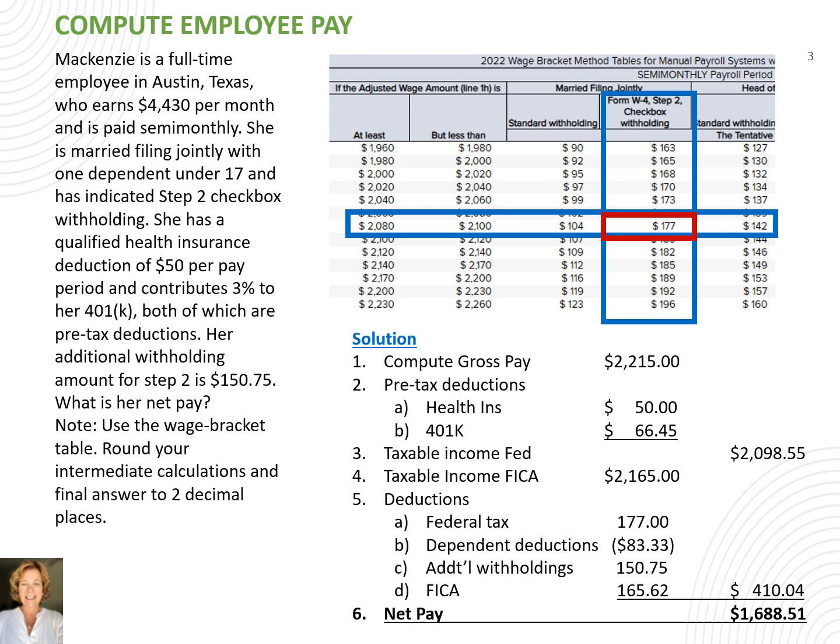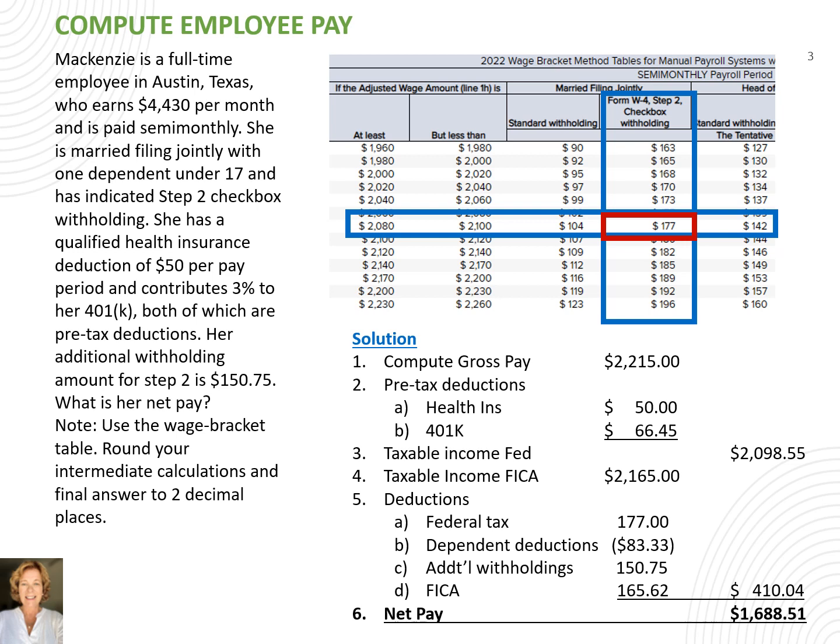And how do you calculate the federal taxes? You go to either Appendix C of your textbook, which shows the tax table for the semi-monthly payroll, which we have here as well. You find the amount of $2,098.55 in that tax table. Why are we looking for $2,098.55?